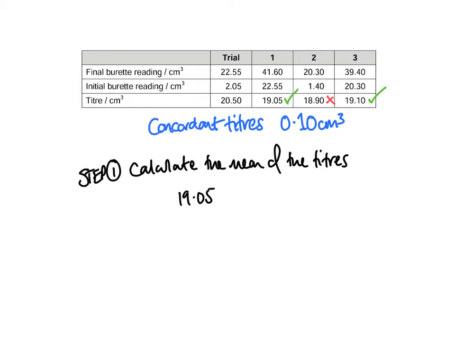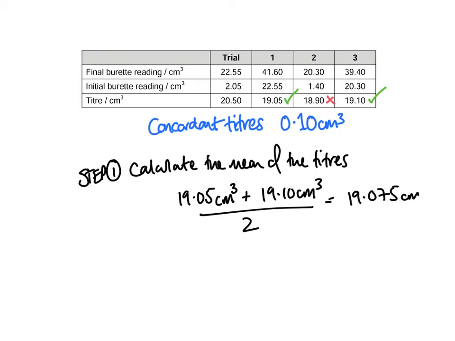It's quite simple, because we have 2 values, we just add those together and divide by 2. This gives us 19.075 centimeter cubed.